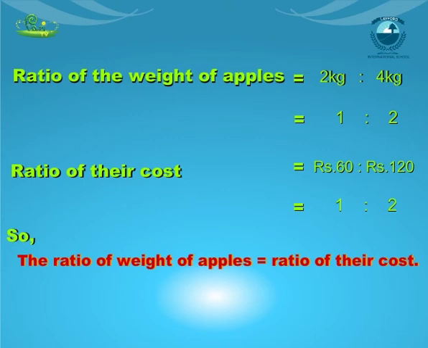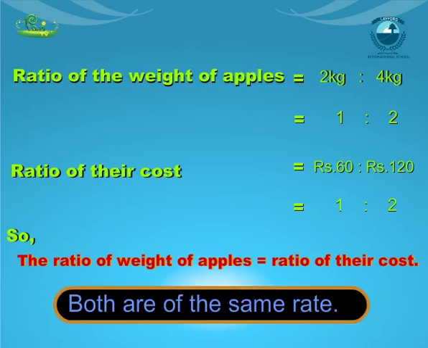So, the ratio of weight of apples is equal to ratio of their cost. Since both the ratios are equal, hence we can say that they are in proportion. Hence they both purchase the apple at the same rate.